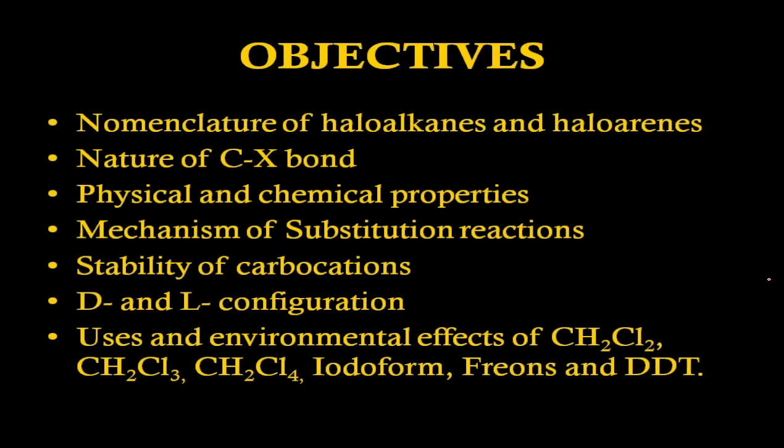Objectives: nomenclature of haloalkanes and haloarenes, nature of C-halogen bond, physical and chemical properties, mechanism of substitution reactions, stability of carbocations, D and L configuration, uses and environmental effects of CH2Cl2, dichloromethane, trichloromethane, tetrachloromethane, iodoform, freons, and DDT.